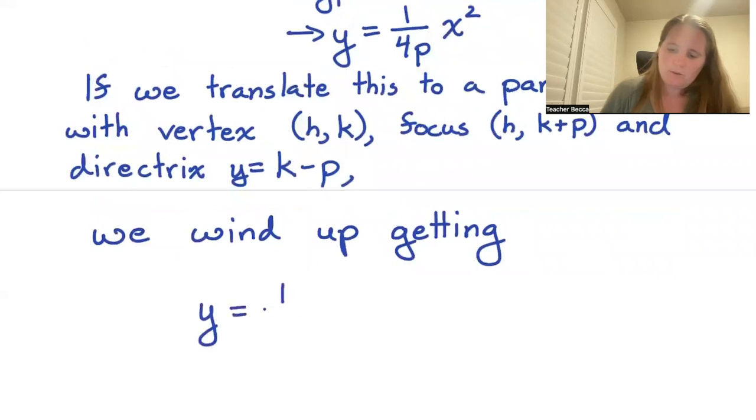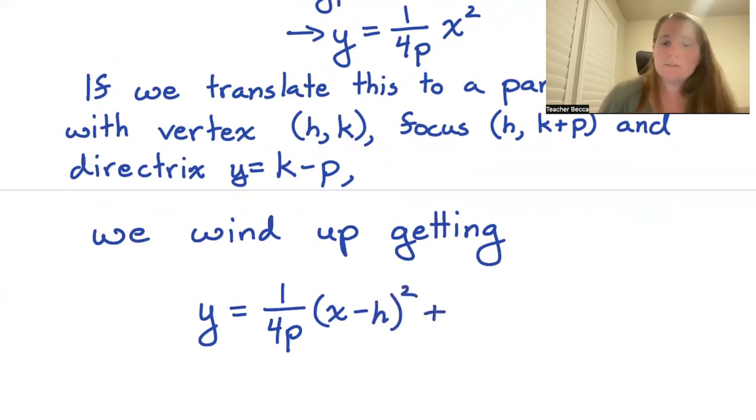So y equals 1 over 4P times x minus h, in parentheses, squared. That vertical shift shows up as adding k.